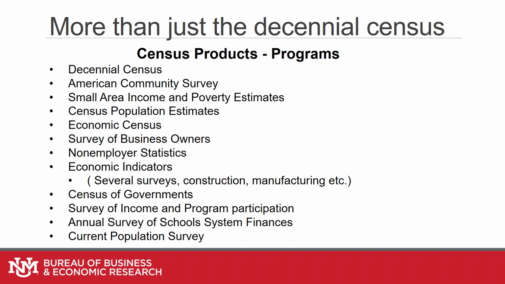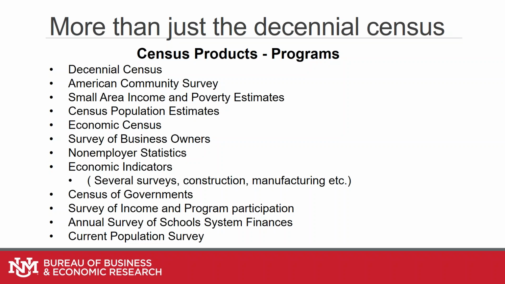In 2010, instead of running that long form in conjunction with the decennial census, they decided to set it up as an annual program that runs every year. The American Community Survey surveys the population, it's a sample every year, and gives us a lot of data. Some of the other programs that come out of the Census Bureau is the Small Area Income and Poverty Estimates. That's where you get your official poverty estimates from.